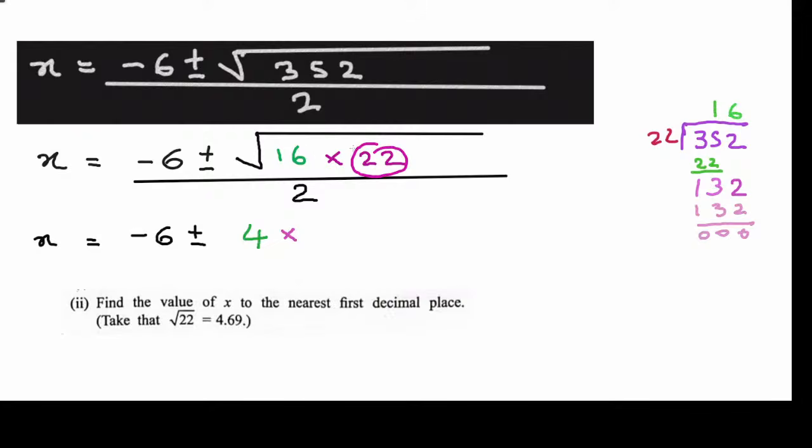We don't know by heart. They have given it to us. What's square root of 22? 4.69. So 4 times 4.69. Square root of 16 is 4. Square root of 22, since they have given it to us, we can use it, 4.69, divided by 2.